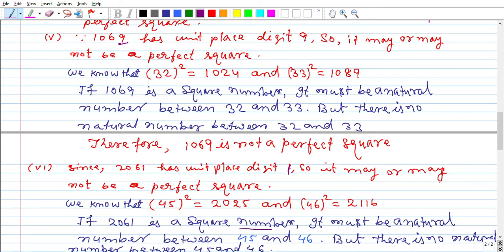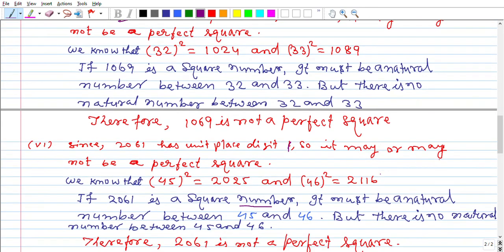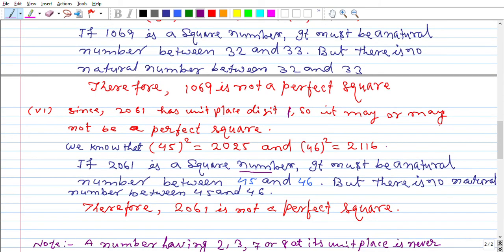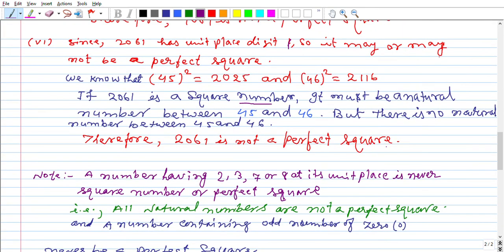But you know that 45 and 46 have no natural number between them. So therefore 2061 is not a perfect square. Now note that a number having 2, 3, 7 or 8 at its unit place is never a square number or perfect square.